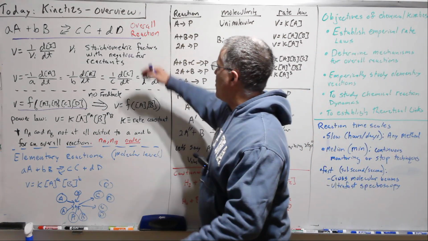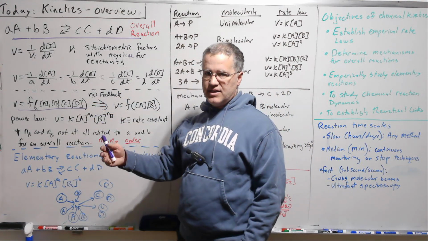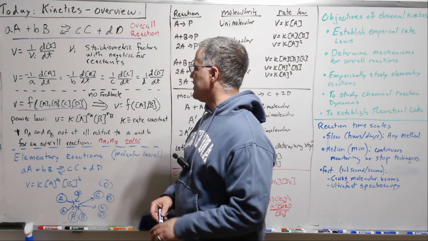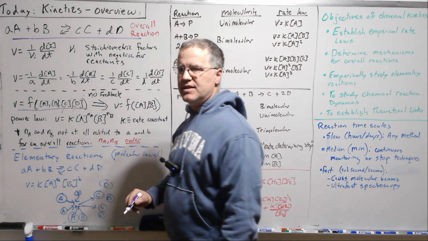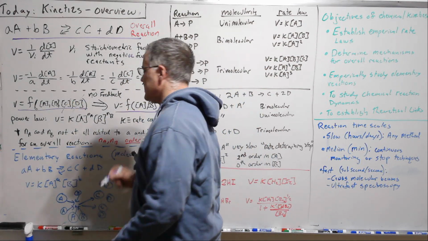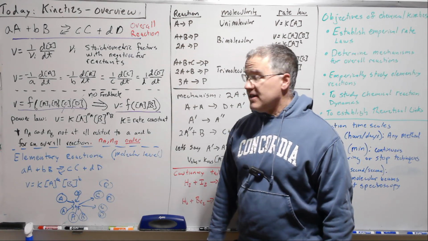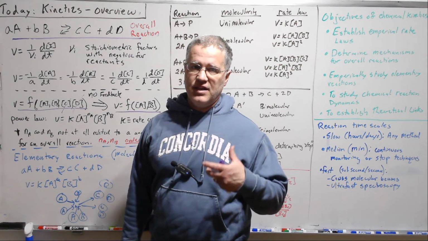It can be that those products come back and influence the reaction rate in either a positive or negative feedback way. But a big portion do not have feedback. So we would not have a dependence on C and D here, and our rate law would simply be a function of the reactants.